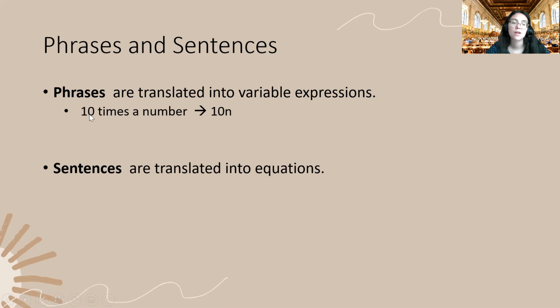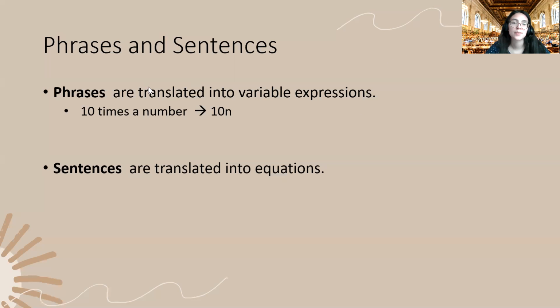So if you recall, last time we discussed things like 10 times a number, where times was our vocabulary word, and it told us that we were multiplying. We would have a product of 10 and a variable, and this is how we would write it: 10 times n. We just designated n to be our variable, but it could be 10x or 10b, 10c, stuff like that, okay?